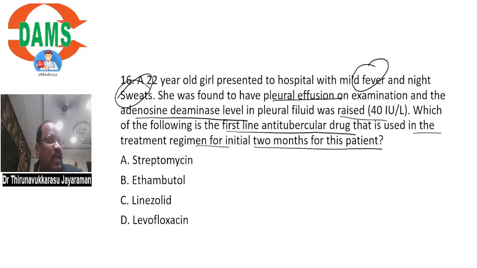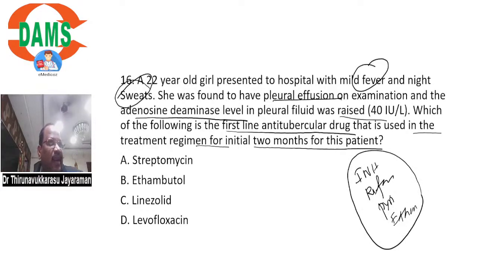See, here the answer will be first line drugs today. Only 4: isoniazid, rifampicin, pyrazinamide, and ethambutol. They are the first line drugs in today's era. So, straight question, go for option ethambutol.